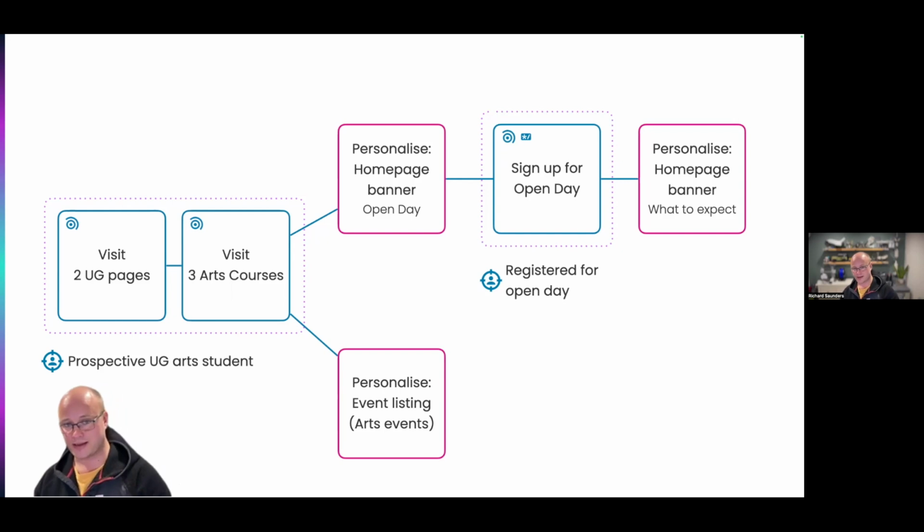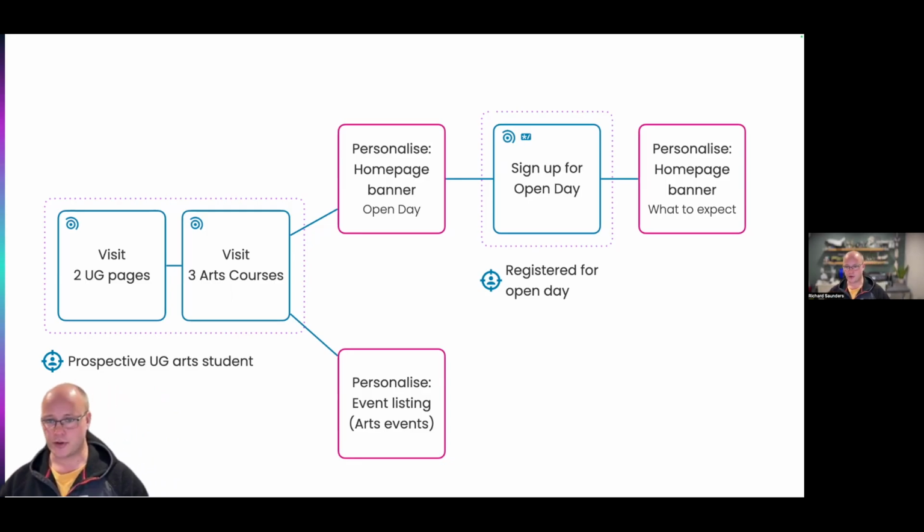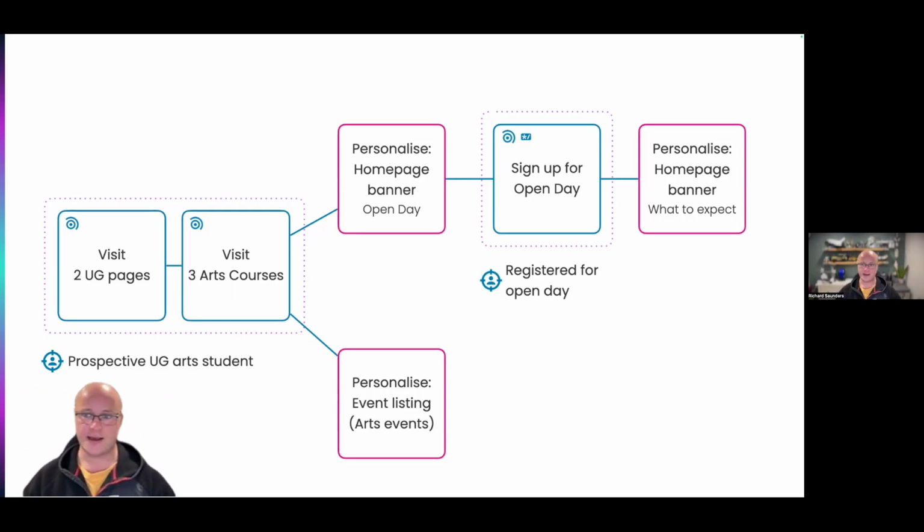Once that open day banner has been displayed, there's going to be a custom sign up form that is linked from that banner. And when they register for an open day, we then want that hero banner to change again in order to display what they can expect next from the open day itself.